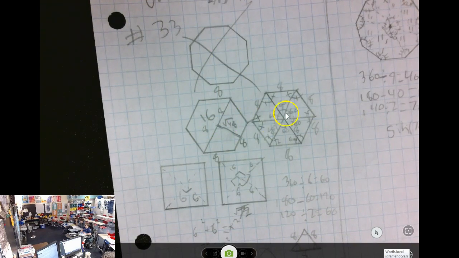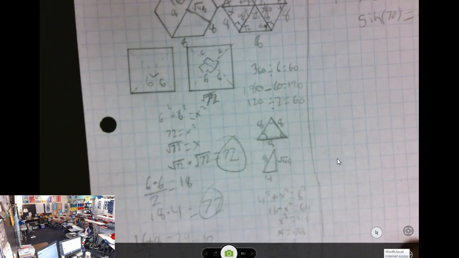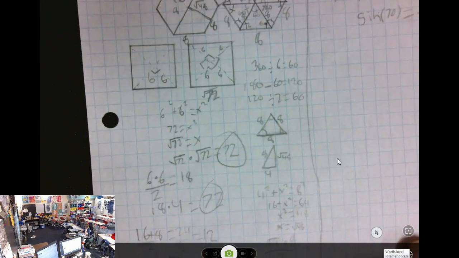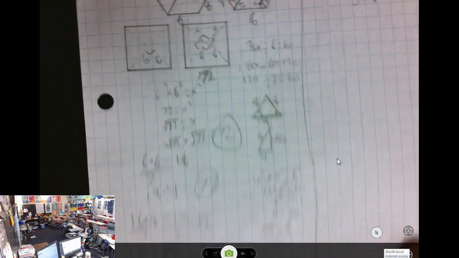First thing, it goes down all the way to the bottom. So what I did first was I know that all 6 of those angles in the middle add up to 360, so I took 360 and divided by 6, about 60. And I know that all of those angles at the edges of each of the little triangles are congruent. So 180 minus 60 equals 120, and then divide it by 2, and you got all of the angle measures for all the triangles.